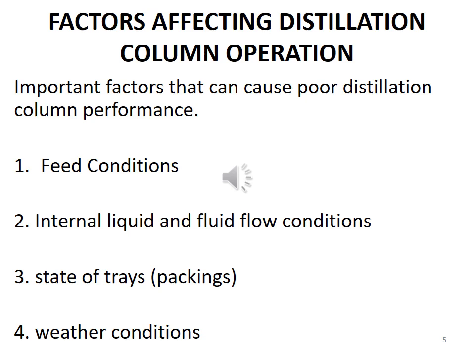The liquid and vapor flow conditions, the state of the trays, and the weather conditions. So these are the parameters which affect the distillation column operation. We will discuss these parameters in detail in the next slides.